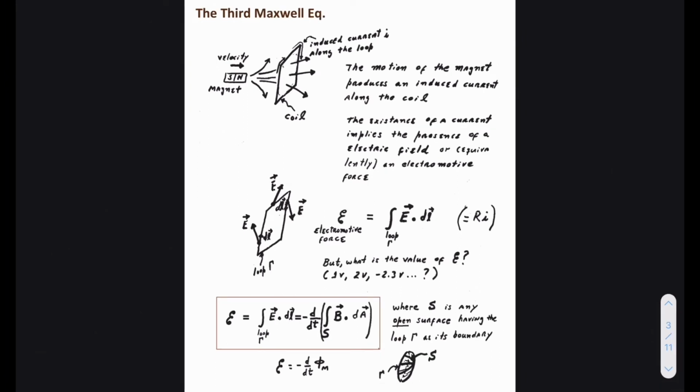According to Faraday's law, the electromotive force induced in this loop is equal to the rate of change of the magnetic flux in the loop with a negative sign. Now, we can write this electromotive force as the line integral here and the magnetic flux in the loop as a surface integral of the magnetic field through this loop.